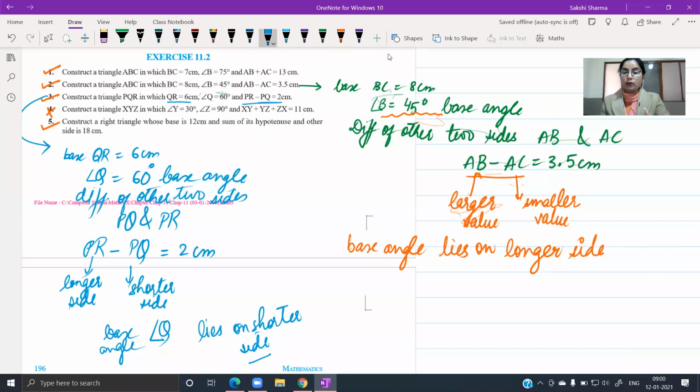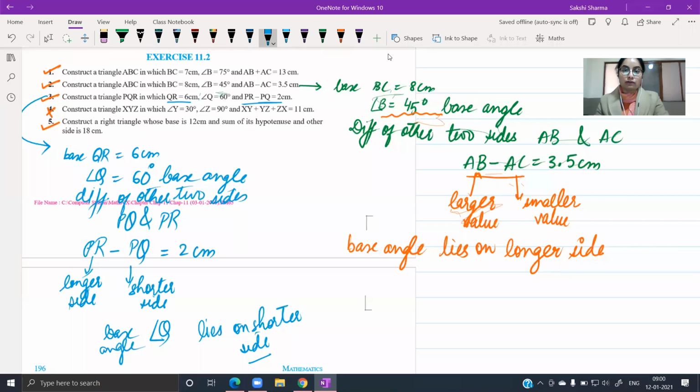In case when you're given the sum of the remaining two sides, it doesn't matter. It's completely fine because sum is commutative, so it doesn't matter. In case of difference, this observation is very important. Observe which of the two sides in the given difference will be longer and which will be shorter. The first value written in the difference is that of the longer side. I mean, if you're given AB minus AC, so AB represents the longer side.